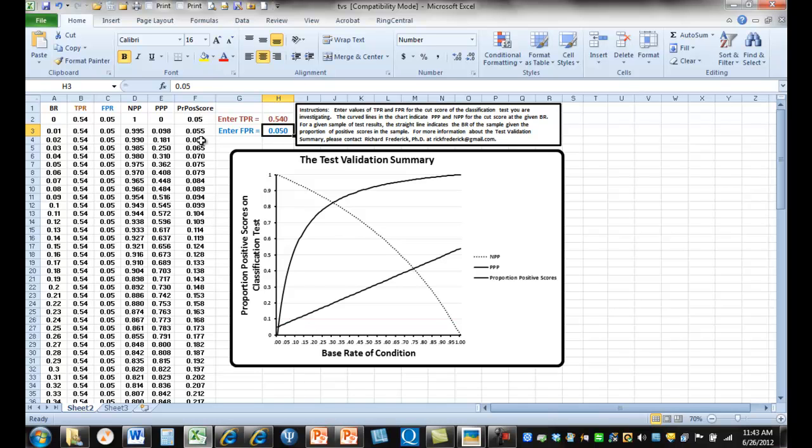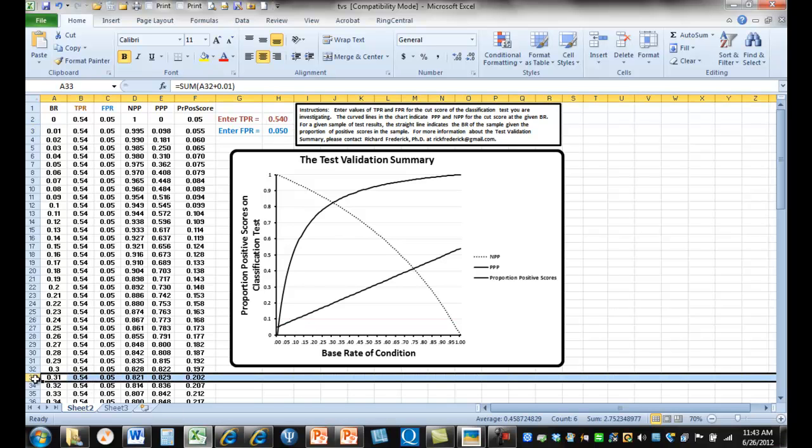So, look, in this column is the proportion positive score. So let's say you have 20% positive. You're on this line here. And that says, in this situation, when the false positive rate is 5%, the true positive rate is 54%, and you observe a proportion of positive scores of 20%, the base rate is 31%, and at 31% base rate, the positive predictive power is 83%, and the negative predictive power is 82%.